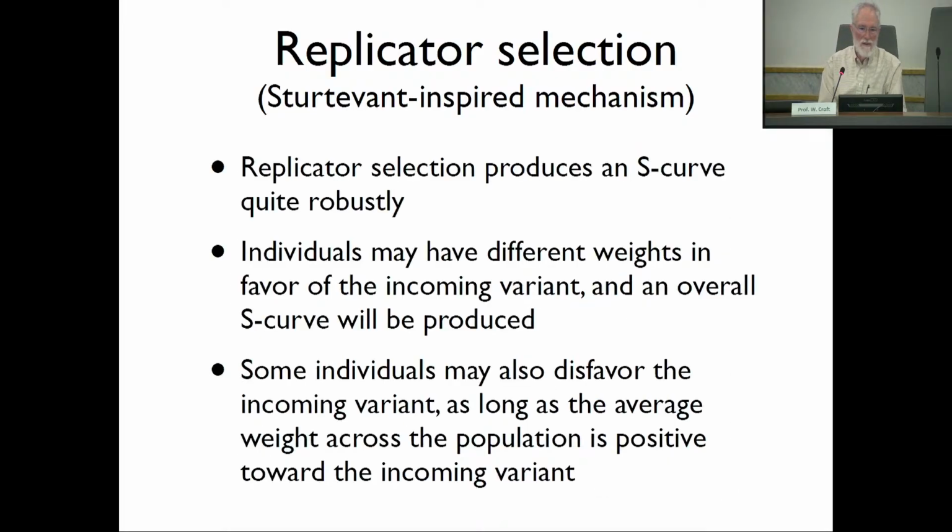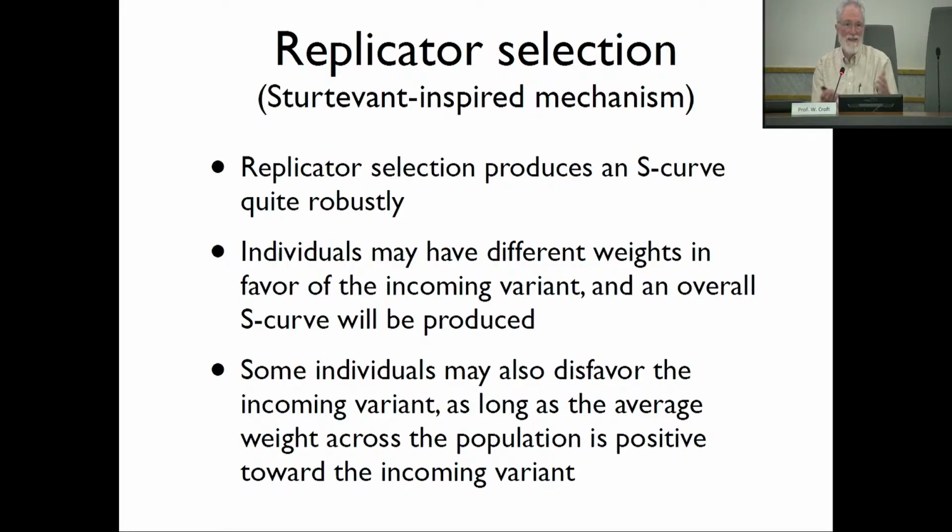So we came to the conclusion that replicator selection produces this S-curve quite robustly. Individuals may have different weights in favor of the incoming variant, but even so, an overall S-curve will be produced. And one thing I also observed in the paper, but didn't have a slide for, is that this S-curve works for the aggregate population, even if different socially or geographically defined subgroups are not following the S-curve, or are doing different things, or going up and down.